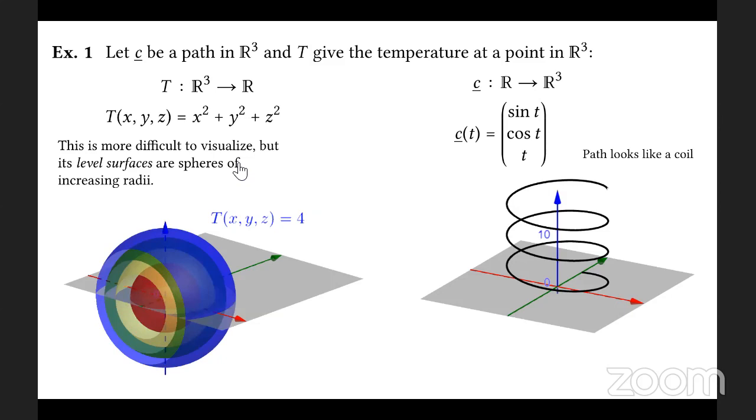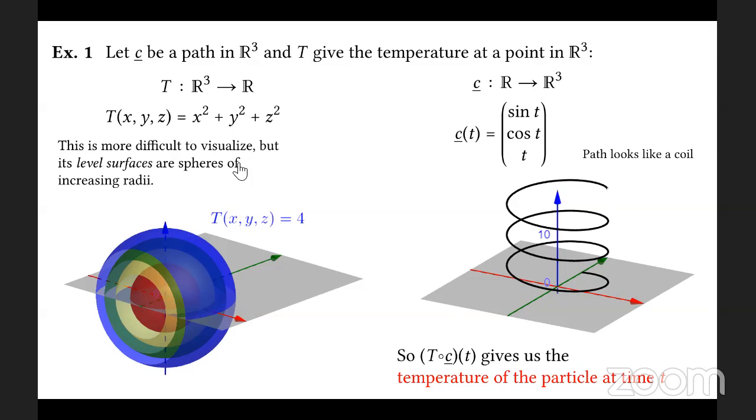And so T composed C is giving us the temperature of the particle along this path at time t. Imagine traveling along this path, but through this increasing set of spheres, where along each sphere you have a different temperature. So that's what's happening here. T composed C is the temperature of the particle at time t. Does that make sense? Okay.